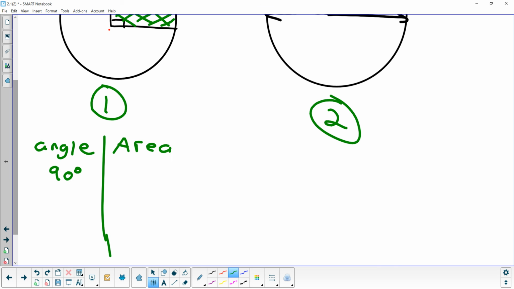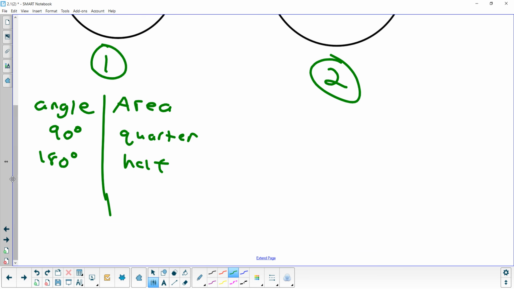So if the angle was 90 degrees, the area was a quarter of the circle. The angle was 180, the area was half. How about, let's go with an easy shape to find the area of. We don't really have a simple formula off the top of our head for finding the area of quarter circles or half circles. But what about this?